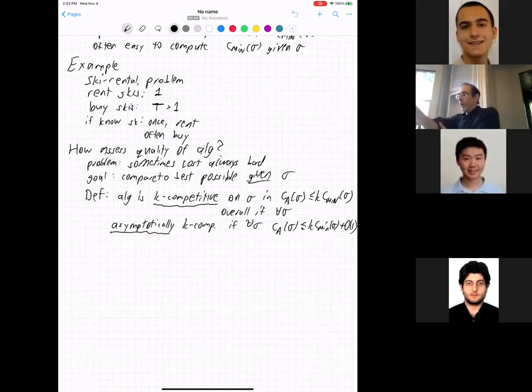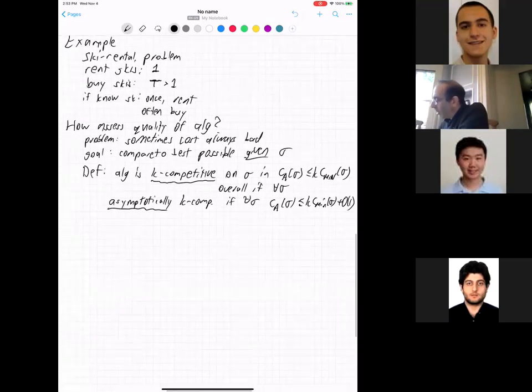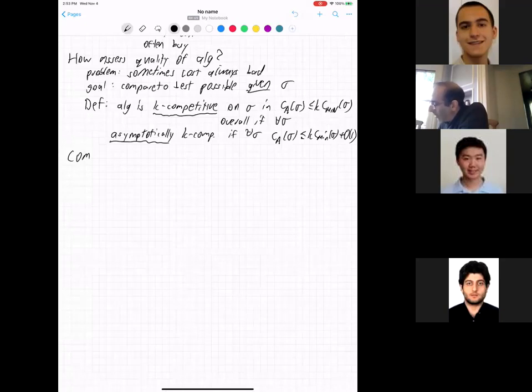Okay. So with these definitions in mind, can I come up with a competitive algorithm for ski rent? Oh, and I should also add that K is just known as the competitive ratio for obvious reasons.